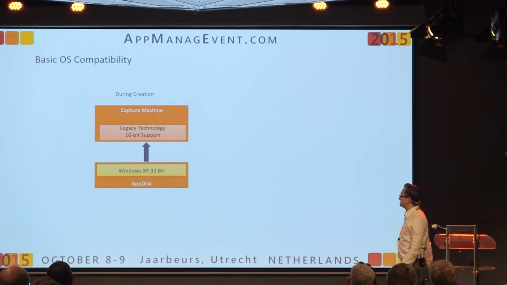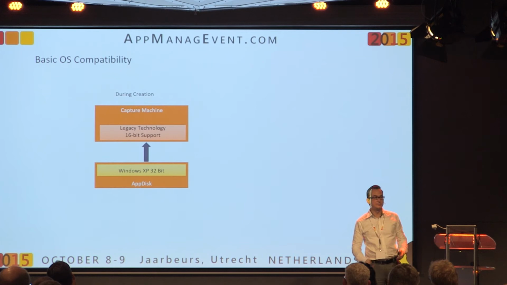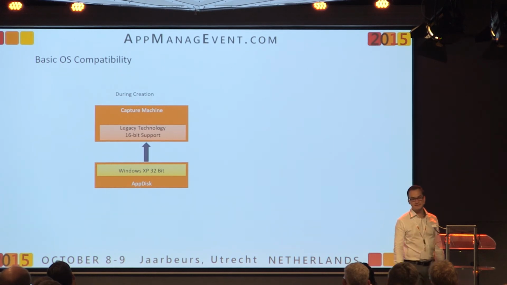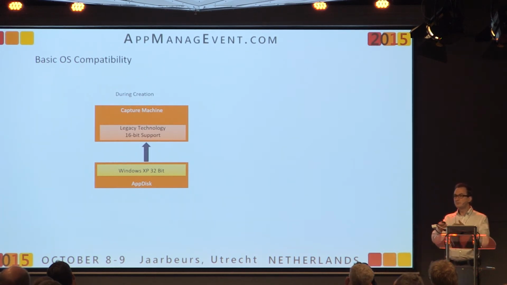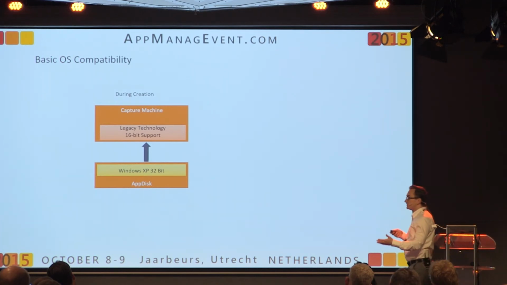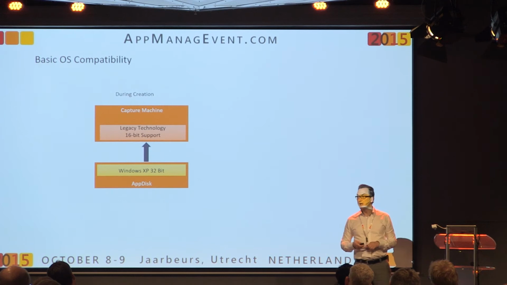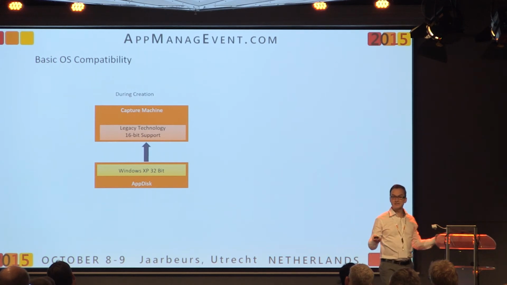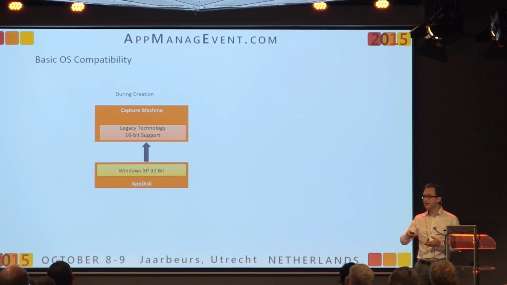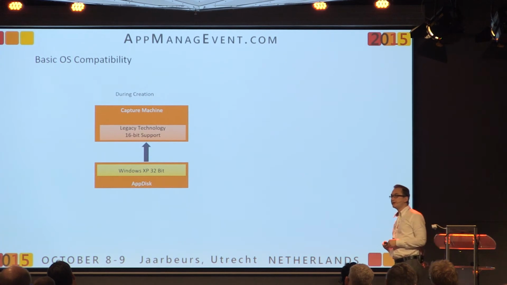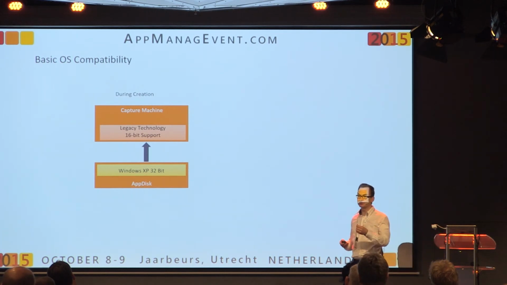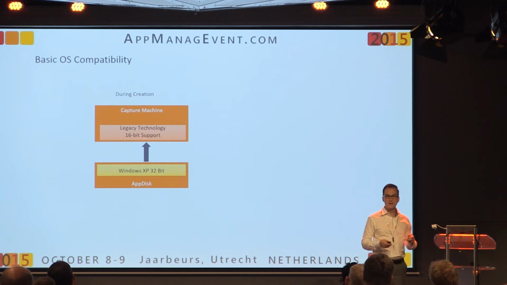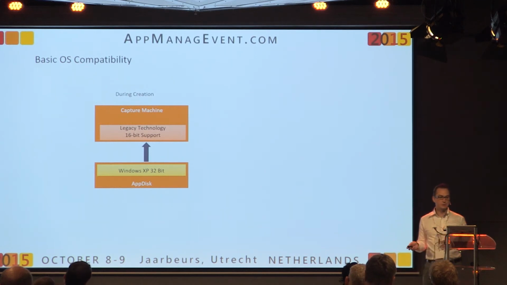And this is what we've been doing, whether it's an XP 32-bit to Windows 10 64-bit migration, or a much smaller hop, Windows 7 64-bit to Windows 10. AppDNA knows whether applications will work, not through having a database of applications, but by actually extracting the low-level binaries and looking at how those applications will behave at runtime. And we do that by looking at API calls and so forth.